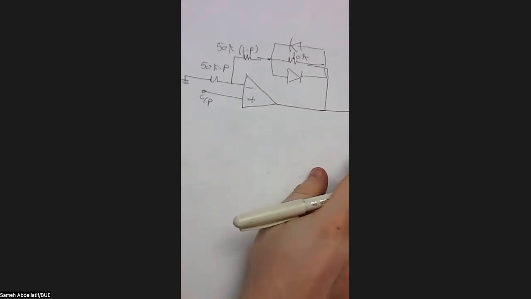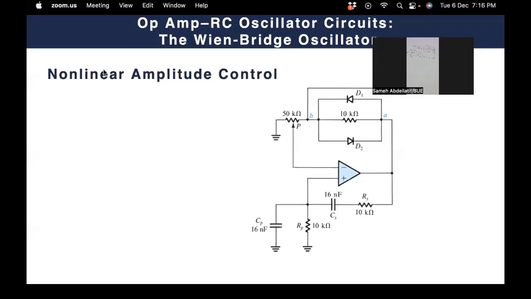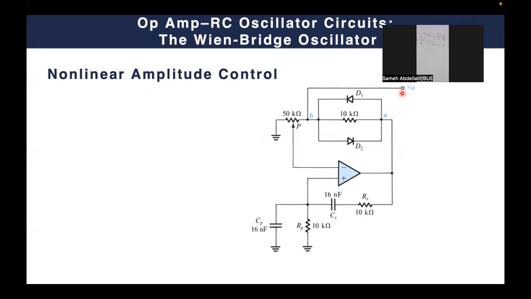Here, I just need you to recognize a very important point. Again, I'm sorry, but I need to return to my presentation slides. What is important, my dear student, is that we have a very tricky point in the design. The tricky point is that the output of the oscillator is not the same node as your positive feedback point.